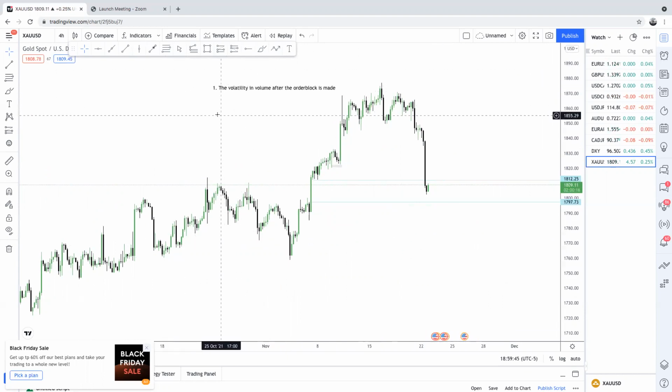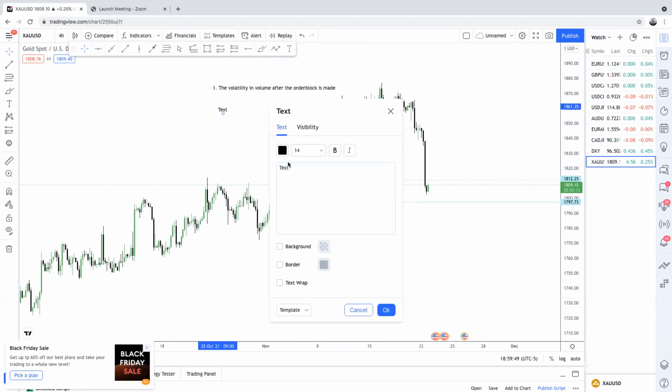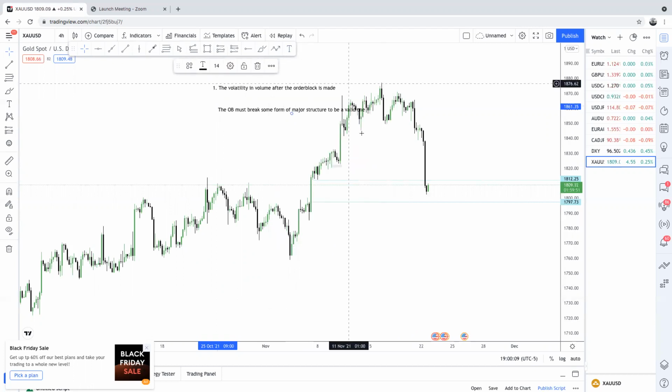Back to my point and the point of this video. Number 2, the break in market structure that the supply or demand area has caused. The OB must break some form of major structure to be a valid one. What do I mean by that?